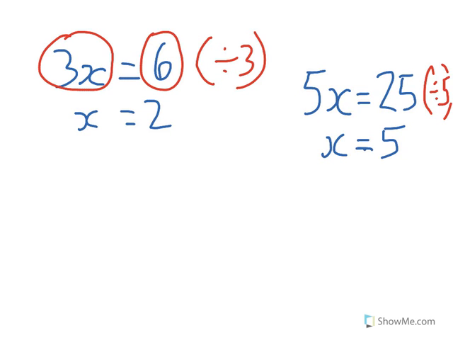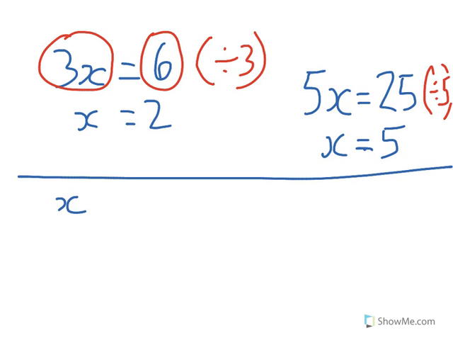Okay, now let's take it to the next stage. So let's say we have x plus 6 equals 11. Now again, we want the x to be left on its own, so this plus 6 here needs to disappear. So how do I make that plus 6 disappear?